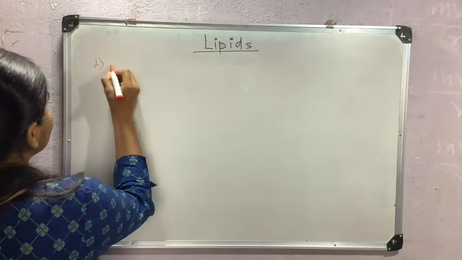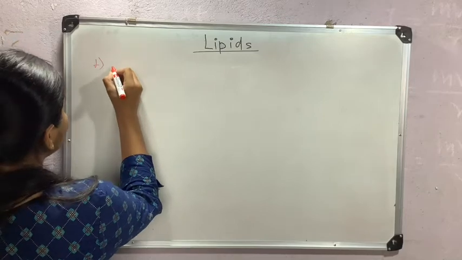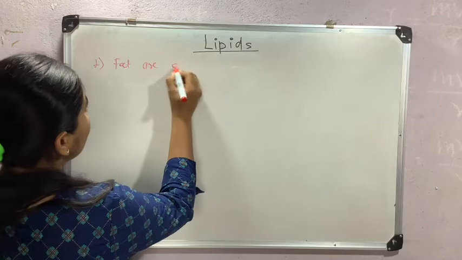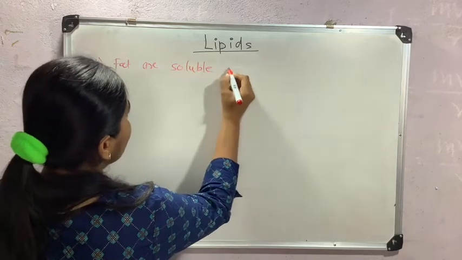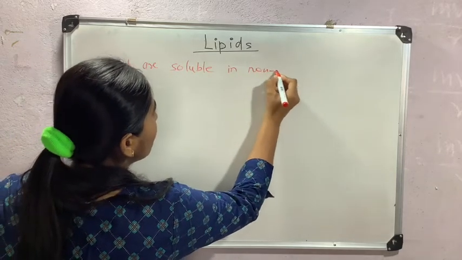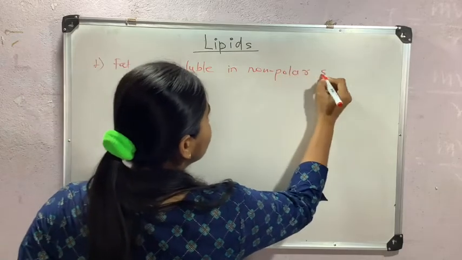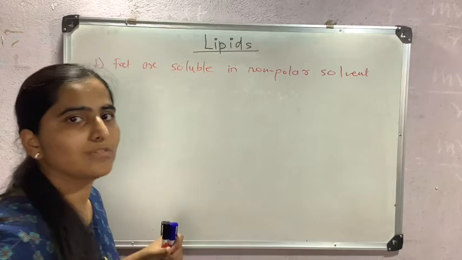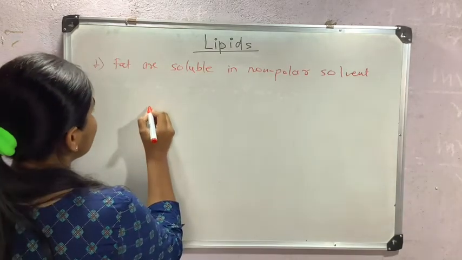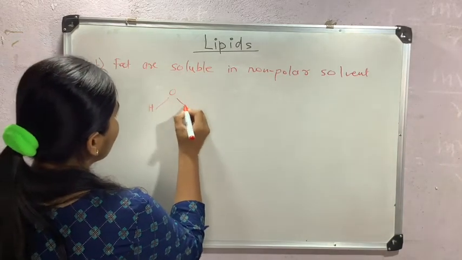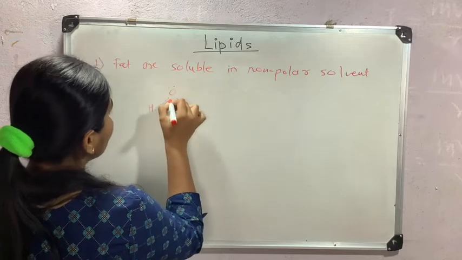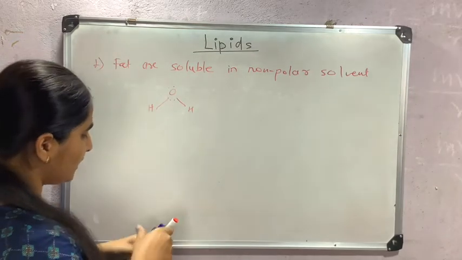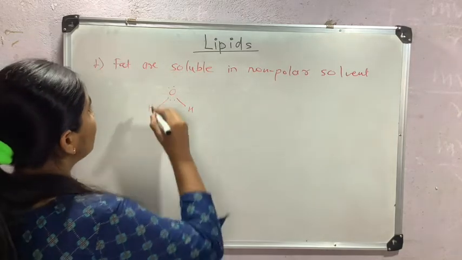The first property is that fats or lipids are soluble in non-polar solvents and insoluble in polar solvents like water. See, this is H2O, with lone pair electrons. Here is the addition of dipoles like this.